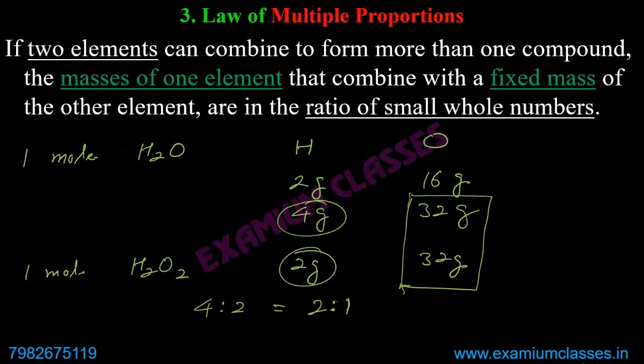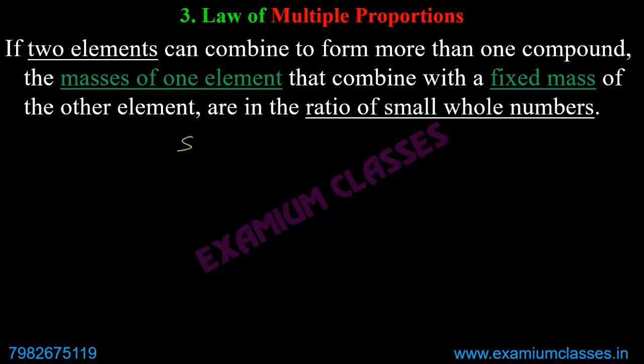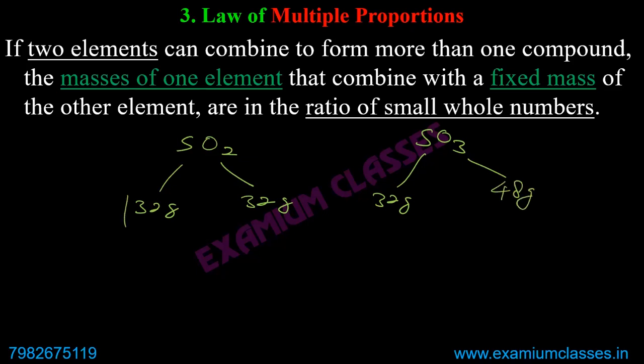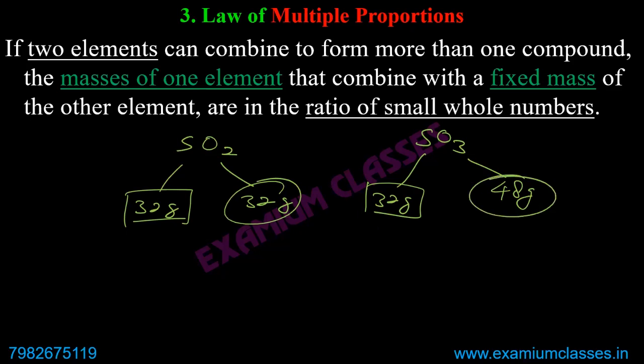Okay. Another example, SO2, SO3. Mass of sulfur in 1 mole will be 32 grams in both, and oxygen here will be 32 gram. Here 16 threes are 48 grams. The sulfur is constant. Ratio of masses of oxygen will be 32:48, that is 2:3.